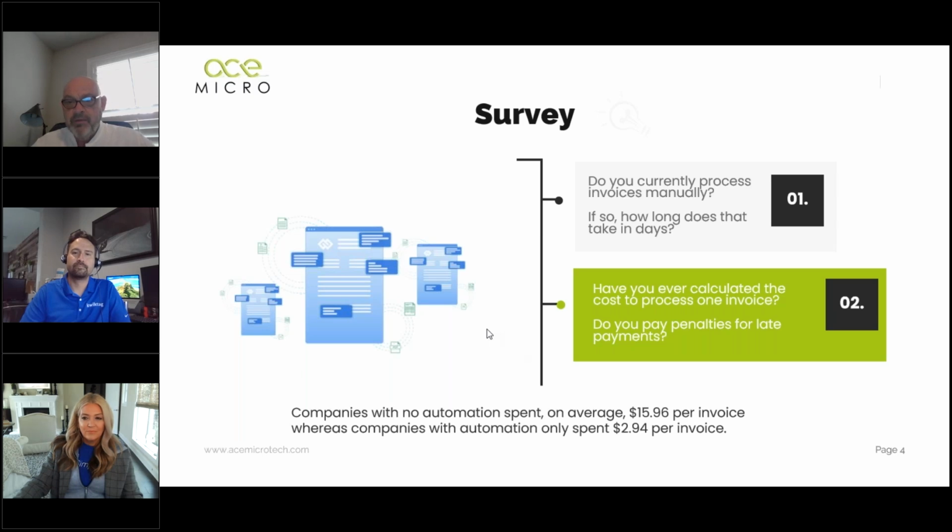Third question, have you ever calculated the cost to process an invoice? Just one invoice. There's an easy formula that you can go through that'll give you a sense of what that is, but I'm curious if anybody's really taken a look internally at their own organization at what the cost to process one invoice is. And if you notice down at the bottom, I've got a clip that I actually just found online this morning with current numbers, that on average companies spend a little less than $16 per invoice.